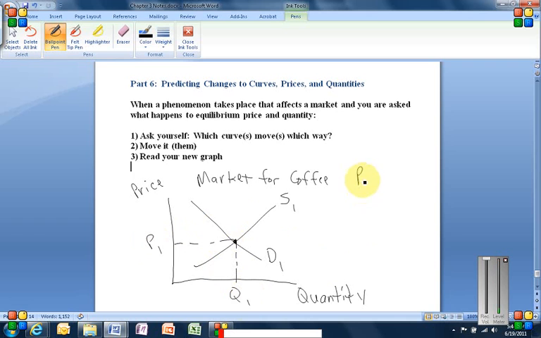So as I said before, off to the right or down below, you want to define these abbreviations. So P sub 1 would be starting, or initial equilibrium price.